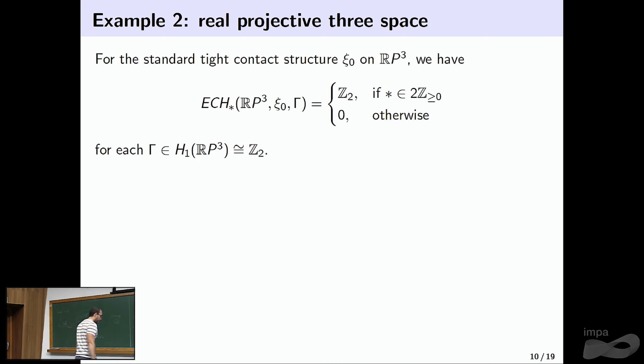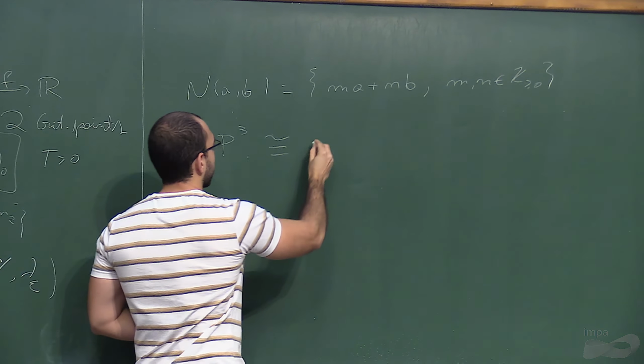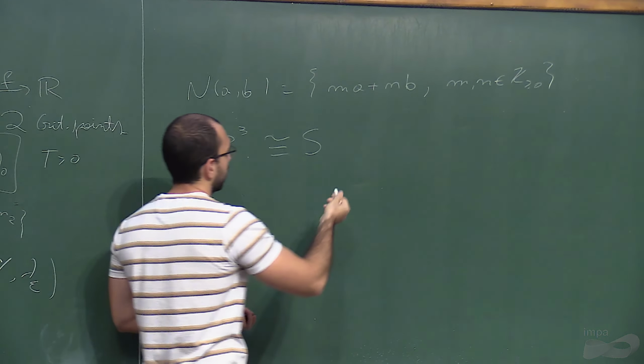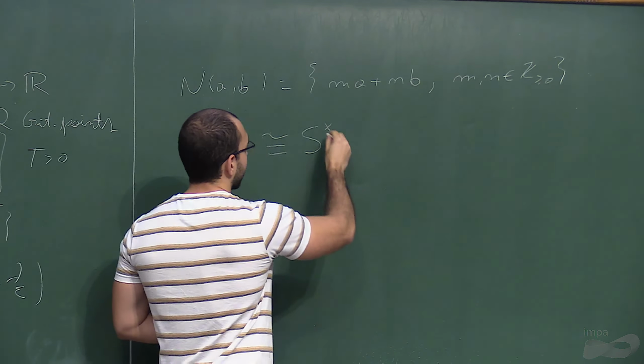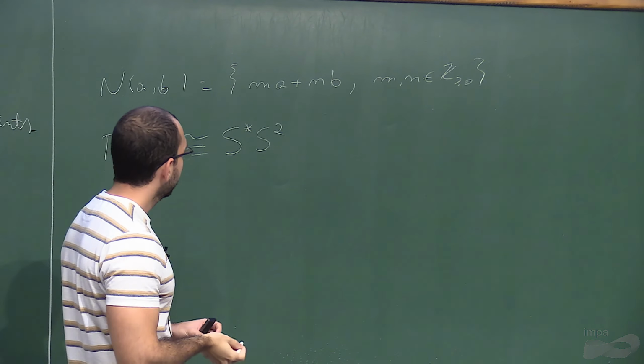But for this example, we have another viewpoint. So I should recall this. RP3 is known to be diffeomorphic to the unit tangent and cotangent bundle of S2, the round S2, with the round metric.